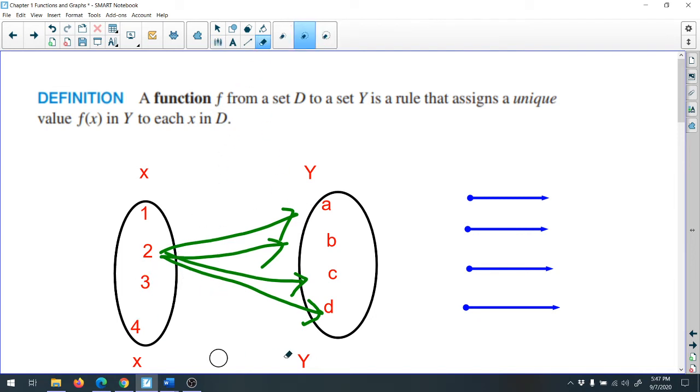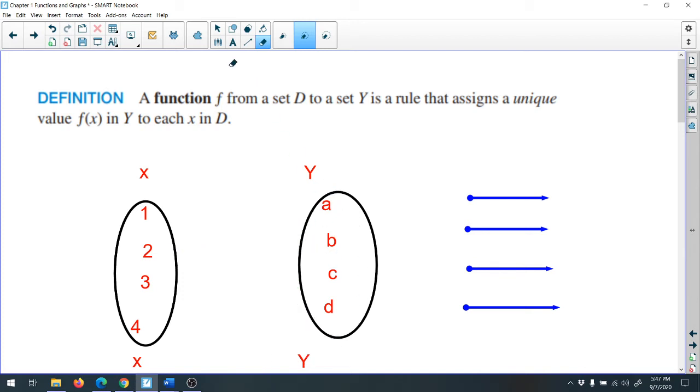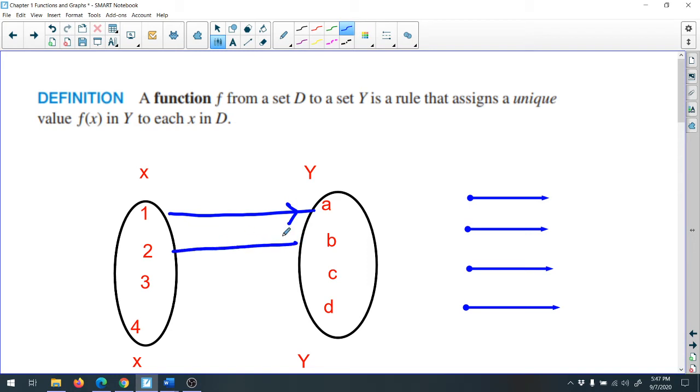Another one to show you: if we have 1 goes to A, 2 goes to B, 3 goes to C, 4 goes to D, we call this a one-to-one function, not just a function, because X has a unique value and also Y members.